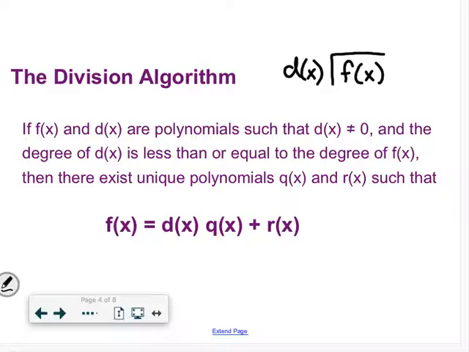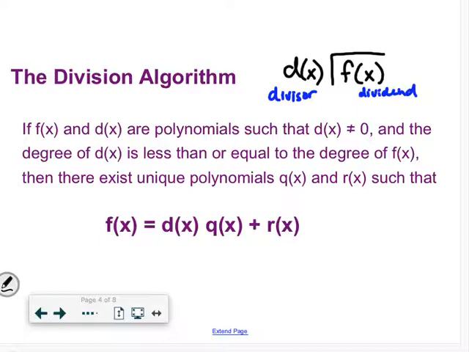Way back when you learned to divide, the thing underneath the division bar is called the dividend, the thing you're dividing. The thing you're dividing by is called the divisor. So there are two polynomials, one's a dividend, one's a divisor.